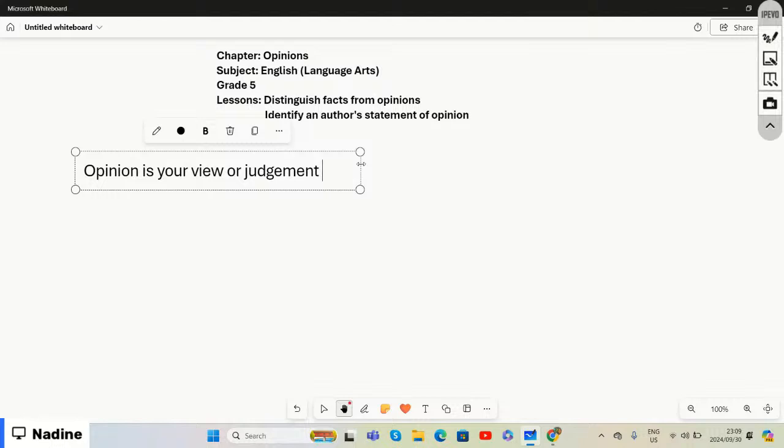So your view, or we can say your judgment that is formed about something. That is opinion. And when it comes to opinion, then opinion is not necessarily based on facts.